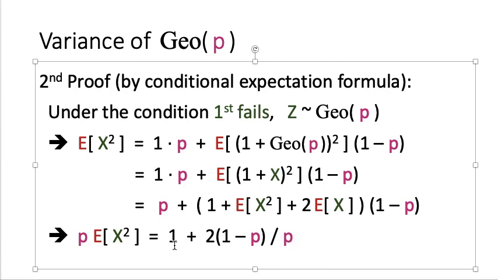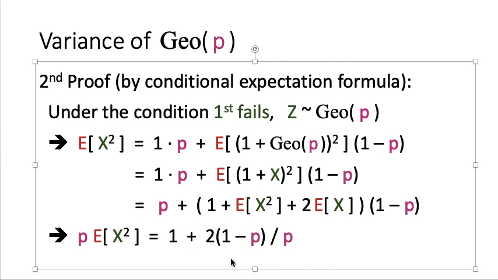Now let us focus on the right-hand side. The right-hand side is 1 plus 2 times (1 minus p) divided by p. You can think of the 1 as p divided by p, so we have p divided by p plus (2 minus 2p) divided by p.